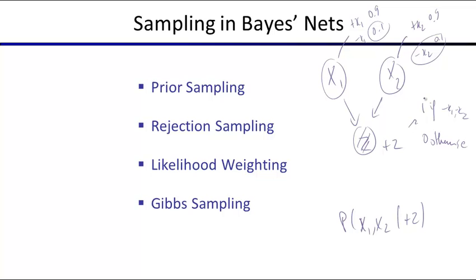The other 99 out of 100 times you sample, you'll see that z is not compatible with being plus z. So on average, you'll sample about 100 times before you run into a sample that actually gives you any information about the query. That 1 out of 100.